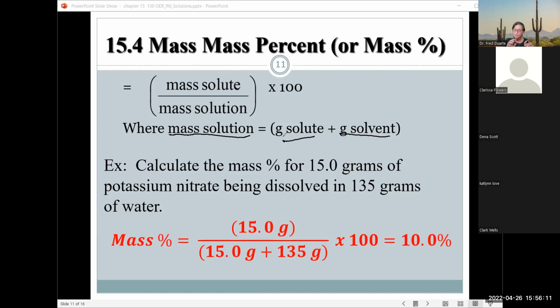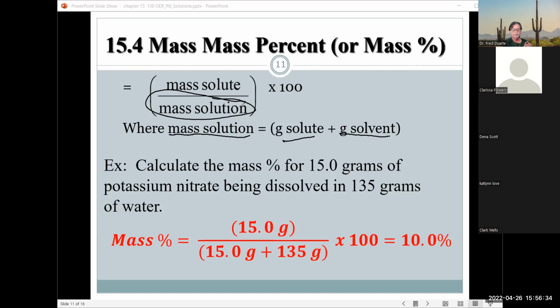Let me repeat that. The mass of the solution, because remember the solution is made up of a solute and a solvent, okay? So the mass of the whole solution incorporates the mass of the solute plus the mass of the solvent, okay?